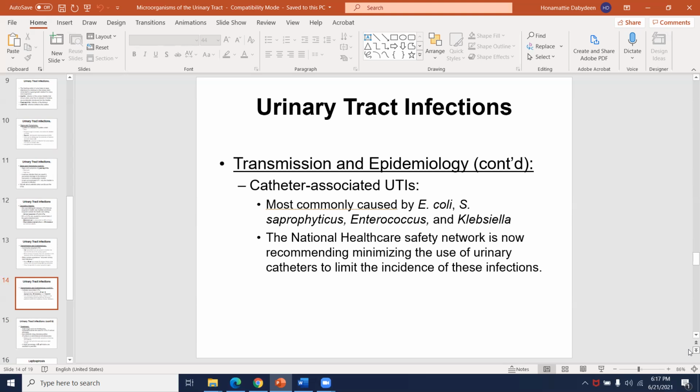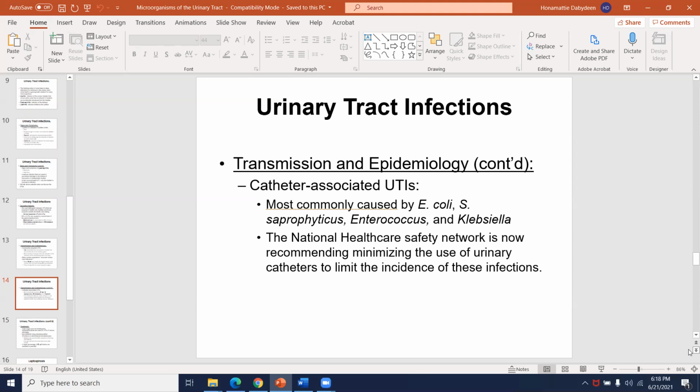There are many times that patients stay for longer periods of time in the hospital. And sometimes patients just cannot on their own go to the bathroom. And so a urinary catheter is usually in place.